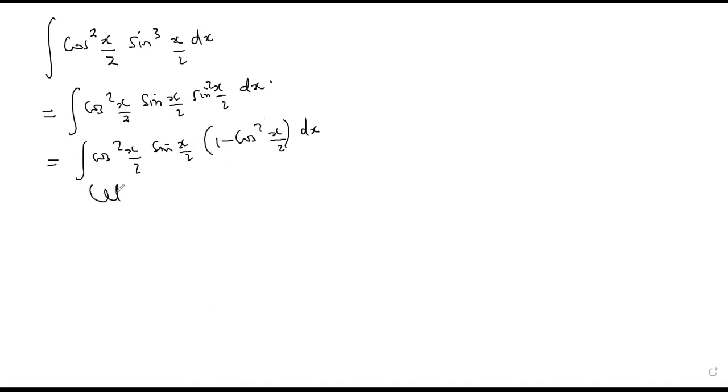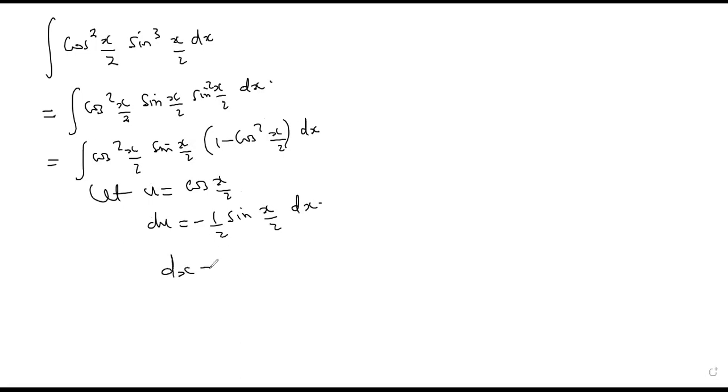dx. If I let u to be cos x over 2, my du would be negative a half, because the angle is a half, negative a half sine x over 2 dx.